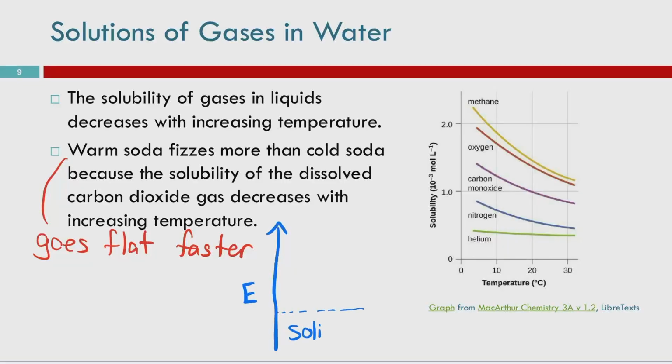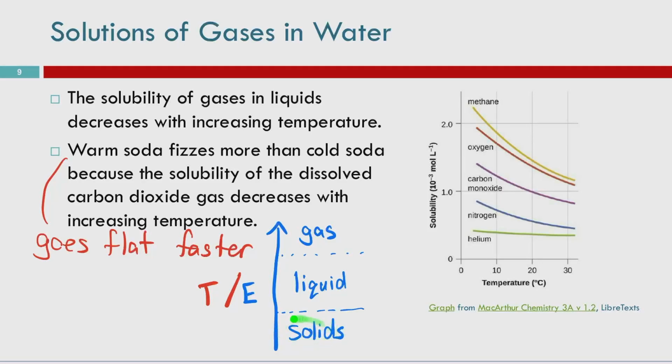Solids. Solids have the least energy. What has more energy than a solid? Liquid. And what has more energy than a liquid? A gas. So when we increase the energy, or the temperature, what happens to solids?